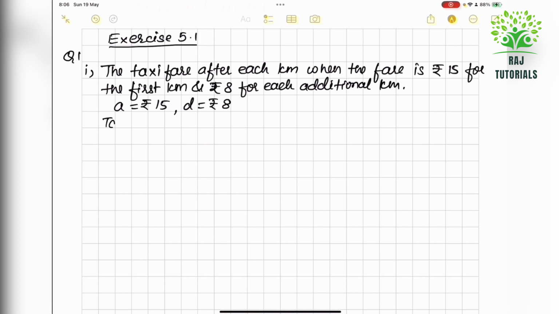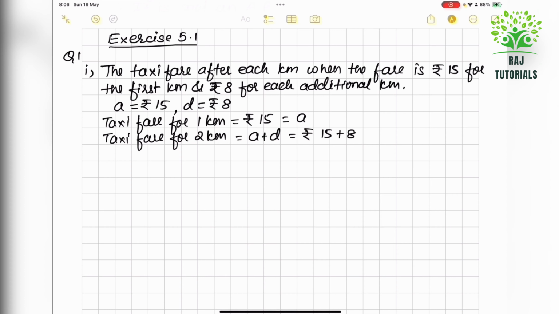So taxi fare for 1 kilometer equal to rupees 15. That is nothing but A. Taxi fare for 2 kilometers, that is A plus D, that will be rupees 15 plus 8, so rupees 23.